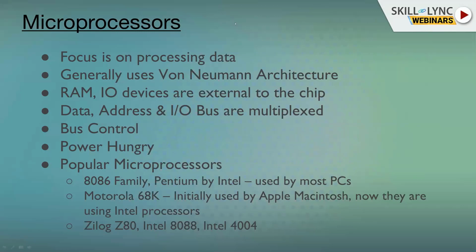So they provide required pinouts, required pins to connect to these input output devices. And they will have internal components to support this communication. But their focus is not really about controlling anything, but mainly on processing, and they try to get as much data as possible.